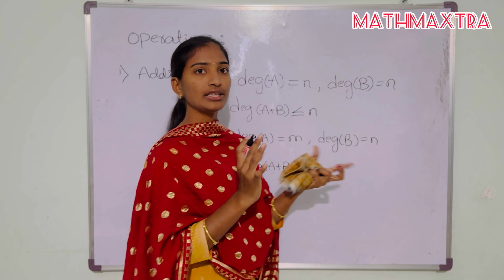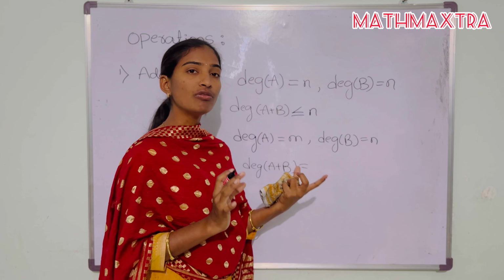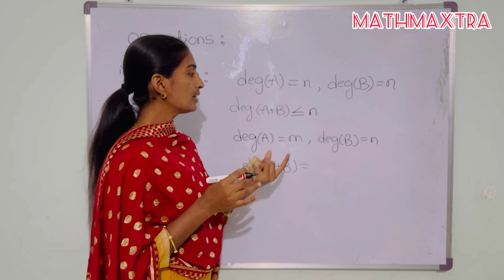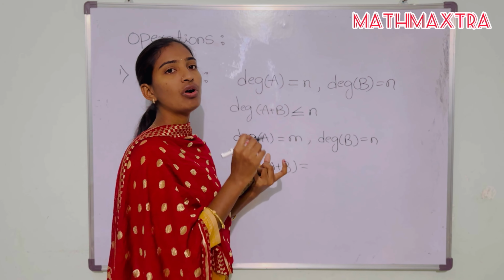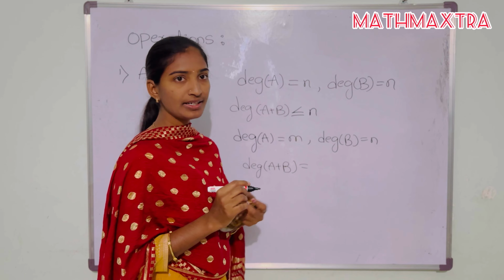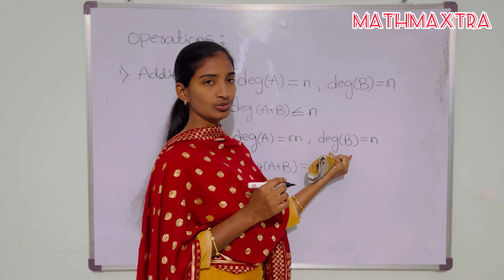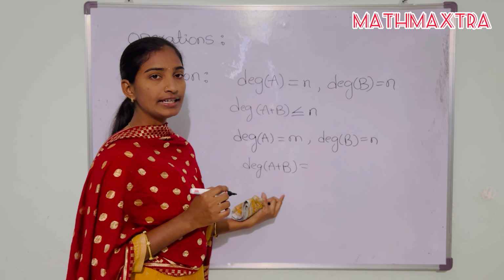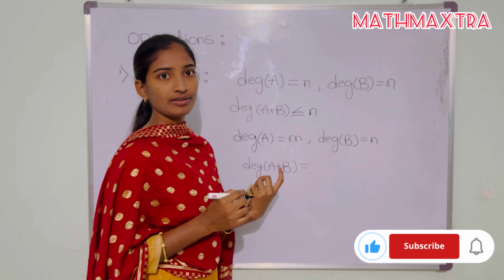We have seen the degree of an algebraic expression. How did we define it? We defined the degree of an algebraic expression as the highest degree of all the terms of the algebraic expression, right? So if you add these two, the maximum degree will be the degree of a plus b, isn't it?